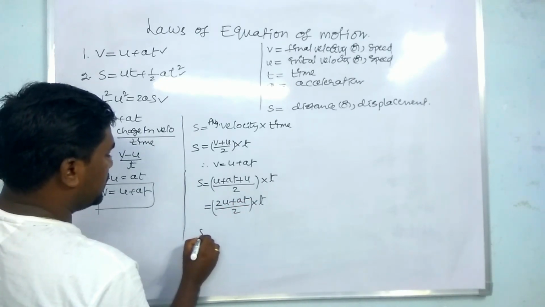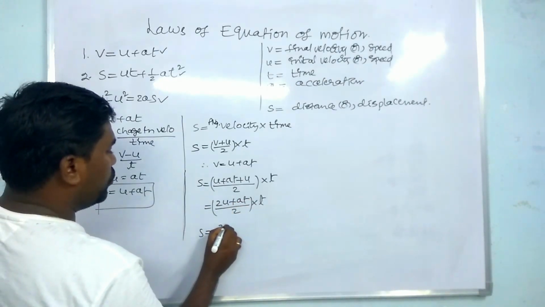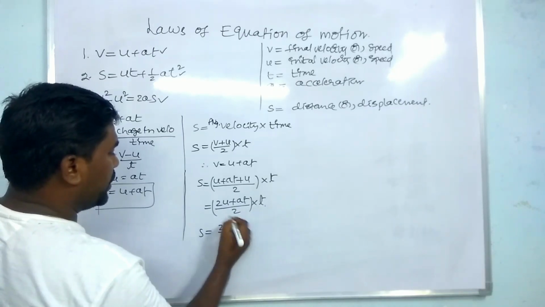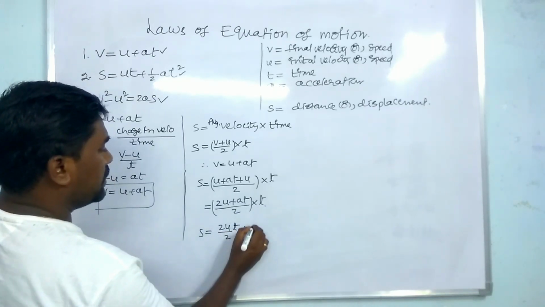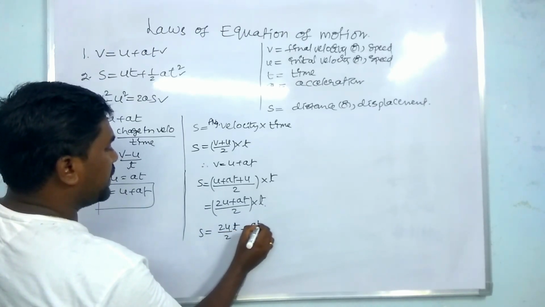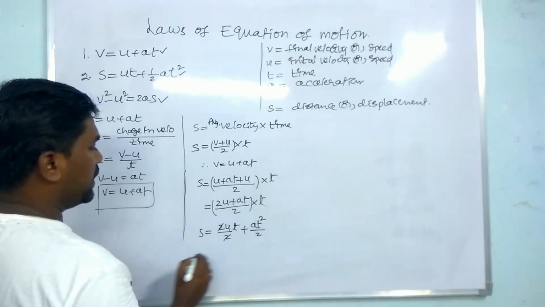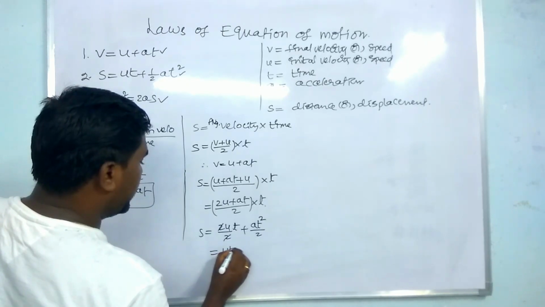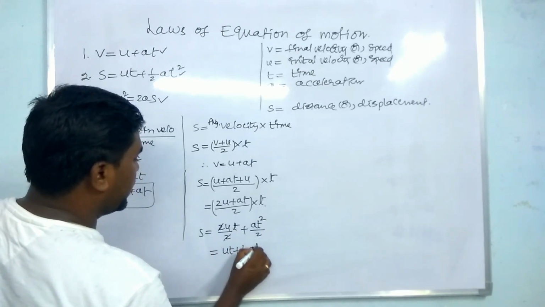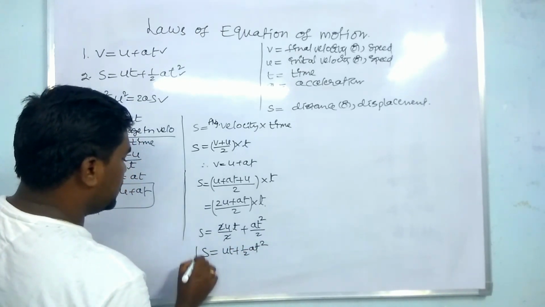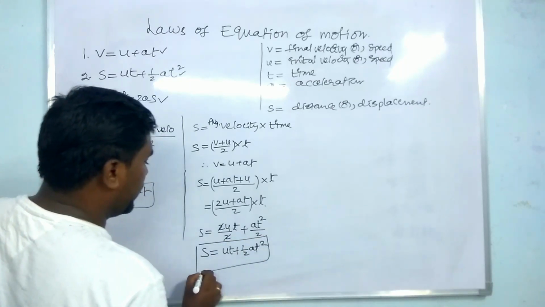And S is equal to 2U by 2 into t plus AT into t square by 2. 2 will get cancelled. It is equal to UT plus 1 by 2 AT square. This is S is equal to UT plus half of AT square.